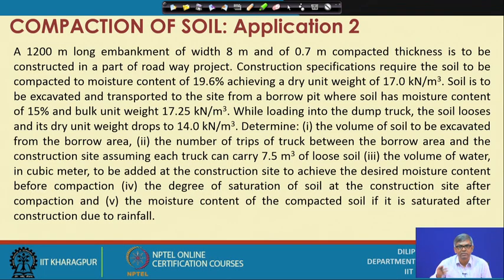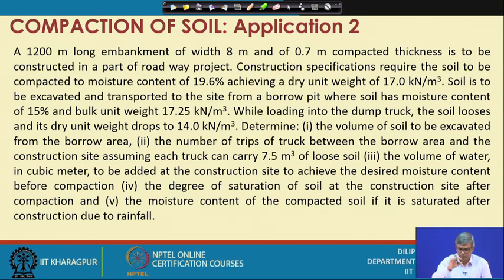There is a big project, but this part of the project is 1200 meter, 1.2 kilometer long, its width is 8 meter and height is 0.7 meter. Construction specification requires the soil to be compacted to a moisture content of 19.6%, achieving a dry unit weight of 17.0 kilonewton per meter cube. So, this is the requirement at the site.